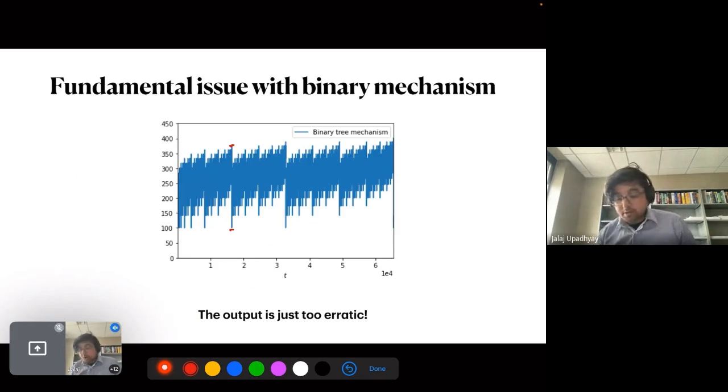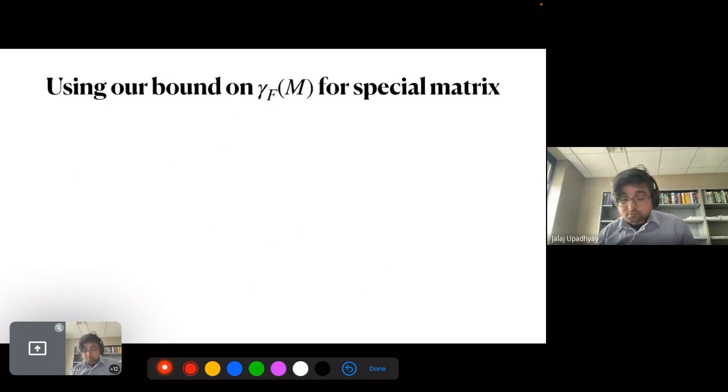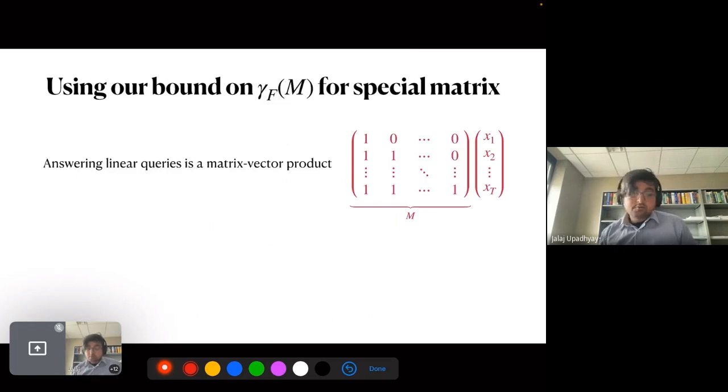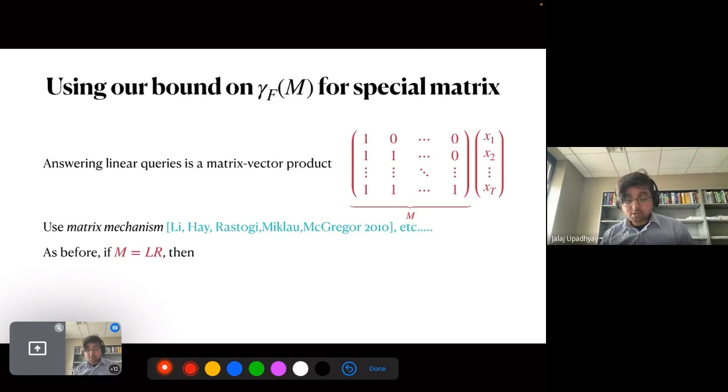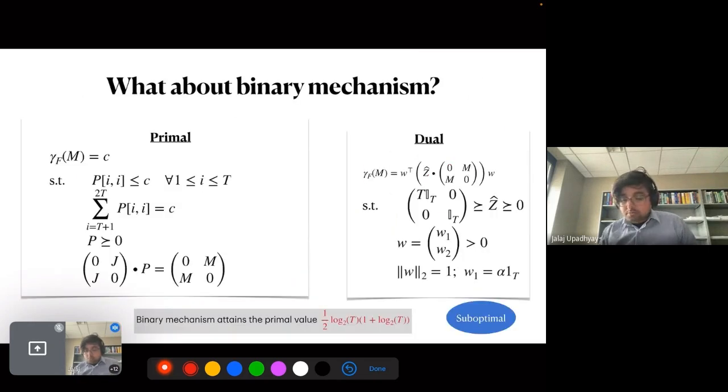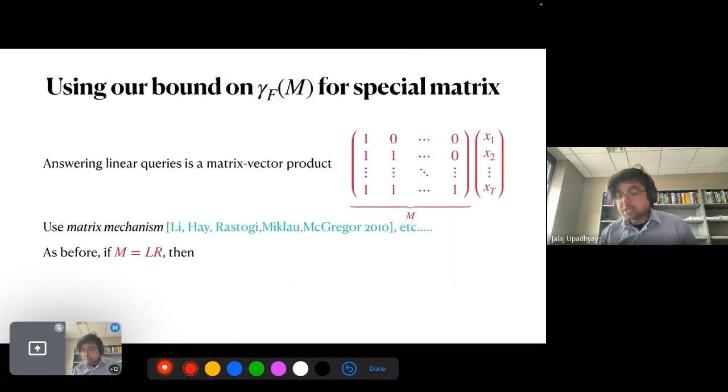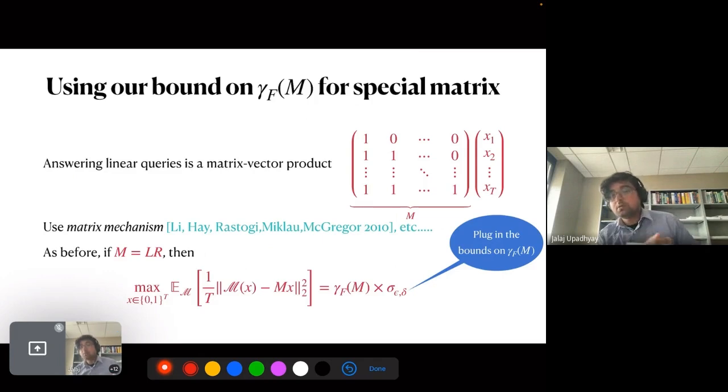So that's the problem in practice. Using our bound on the gamma F norm for the counting matrix, you basically get the optimal bound, because there is a lower bound and an upper bound, and the factor here for gamma F is off by only about 0.02, a very small number.